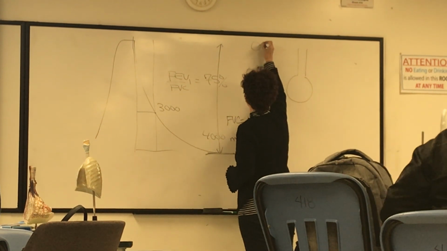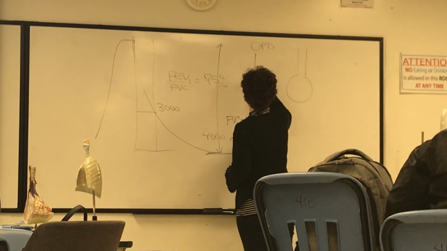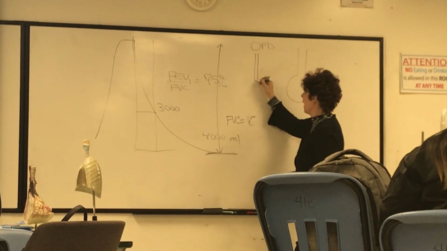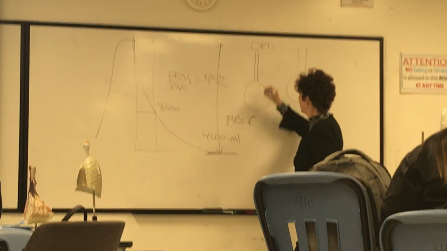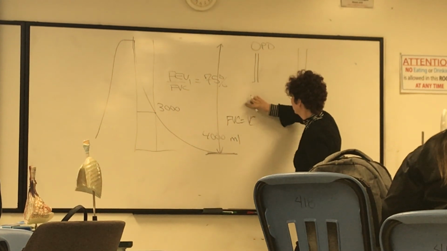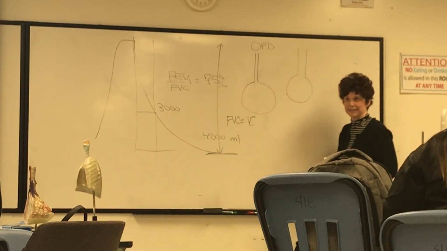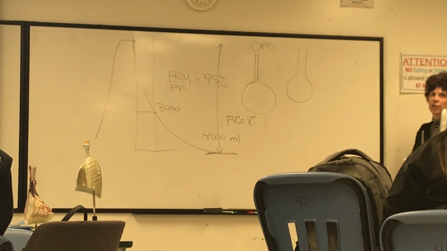Obstructive pulmonary disease is going to have a narrow airway, all right, and that's not very large, but a larger alveolar space.